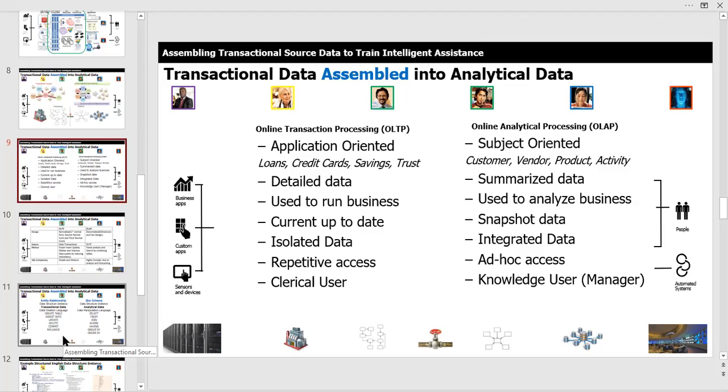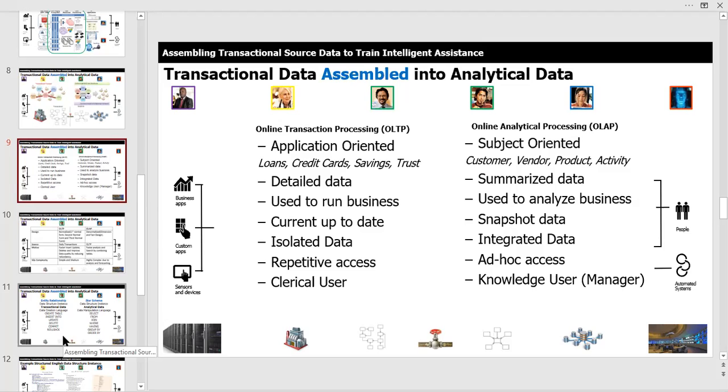Generally speaking, that data is the most current, up-to-date data, and it's isolated into unique relational databases, first normal form, second, third normal form, etc. That data is also accessed repetitively over time, and it's usually associated with clerical data entry or something of that nature.